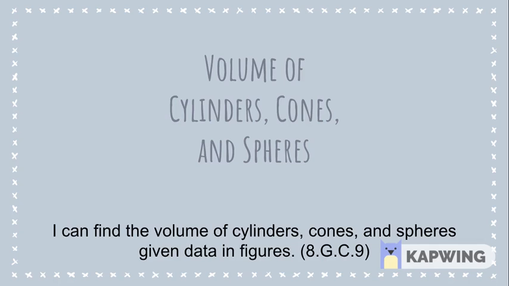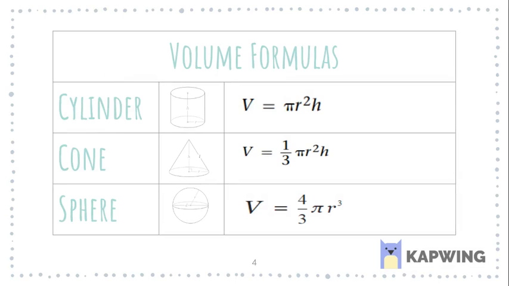Okay, so volume of cylinders, cones, and spheres is what we're looking at today. And our target is: I can find the volume of cylinders, cones, and spheres given data and figures. So with your note-taking worksheet, go ahead and take a second to fill out all of these volume equations.